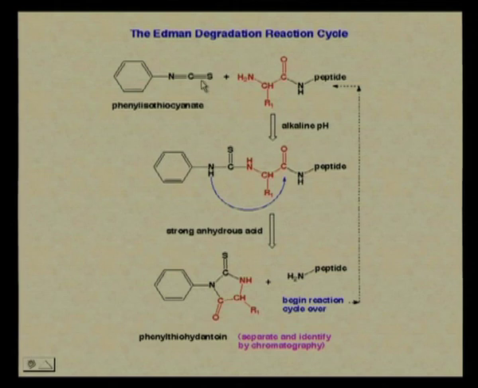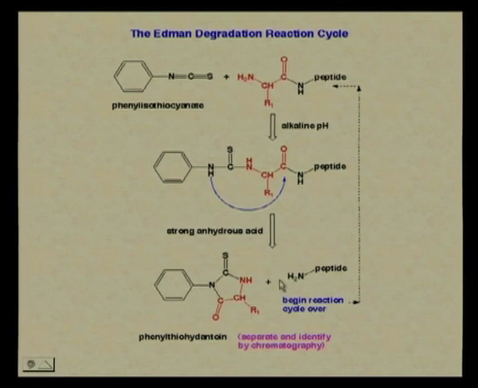So, we have, you see this CS, this H, we have a linkage here, a CN bond formation. Okay? This CN bond formation then with acid forms this phenyl thiohydantoin. What is linked here? What is this? R1. What is this R1? That is the first amino acid of your peptide chain.